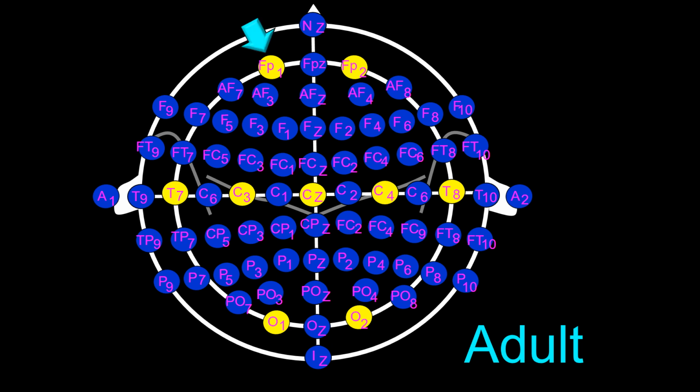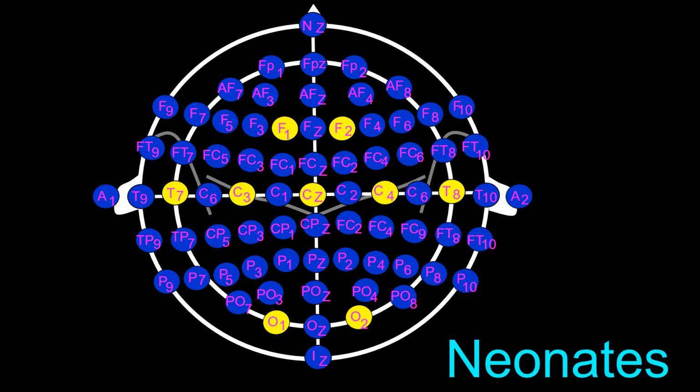The arrow points to the left frontopolar electrode and, in this case, to the right frontopolar electrode. One alternative in neonates is to move those electrodes I just mentioned back to the F1 electrode location and the F2 electrode location in neonates.